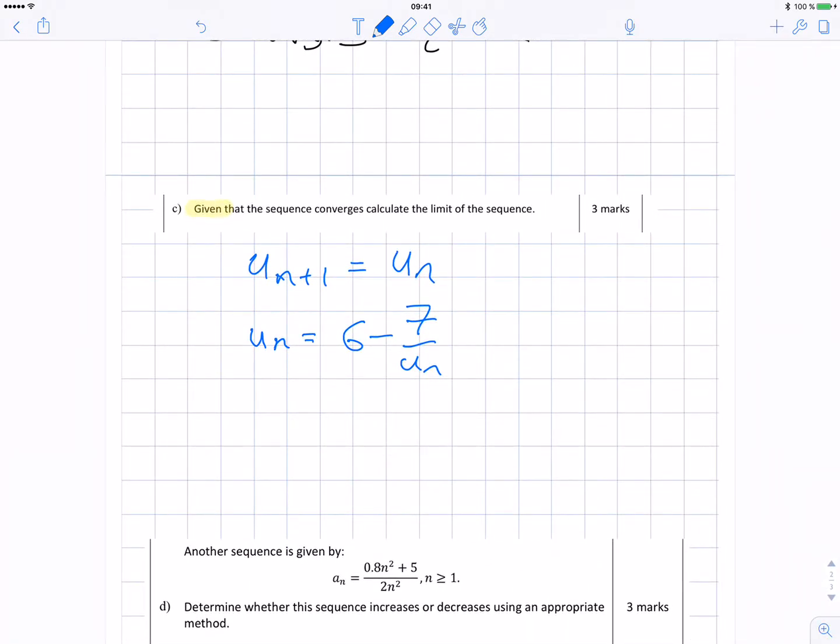I multiply through by un, so I get un squared minus 6un plus 7 equals 0, and I can solve for that using the calculator.